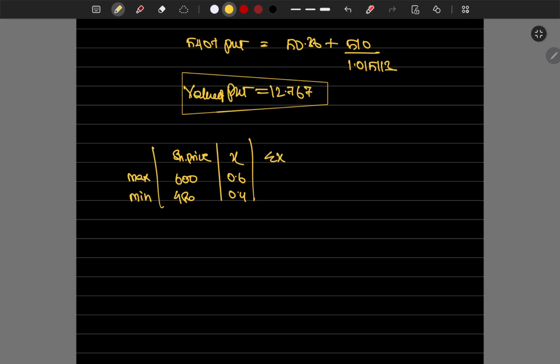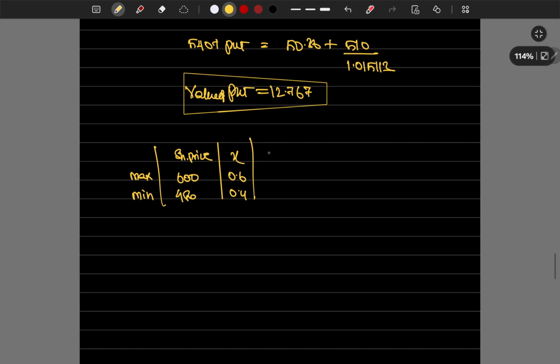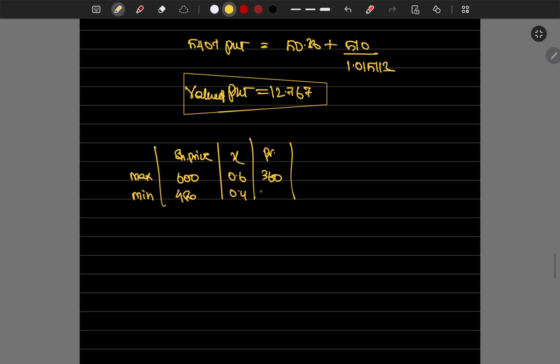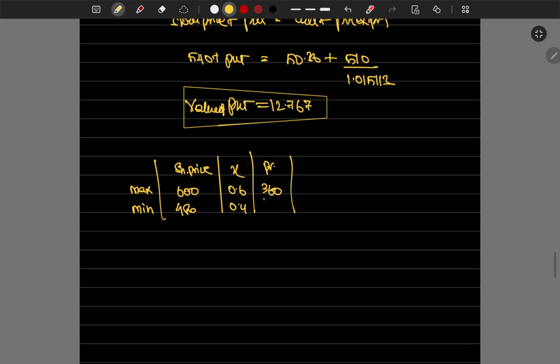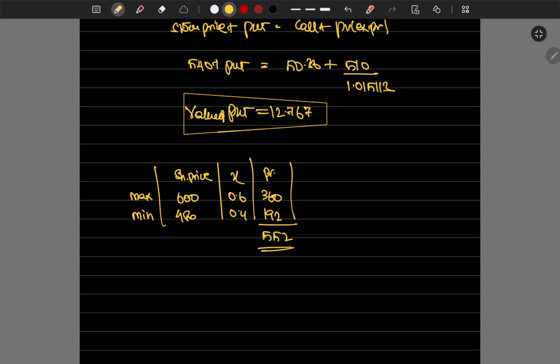Sigma x probability of x, we do know in portfolio management. So product, which is 600 into 0.6, which is 360, 480 into 0.4, which is 192. Total, we will get the expected value of share price, which is 552 is the expected value of share price.